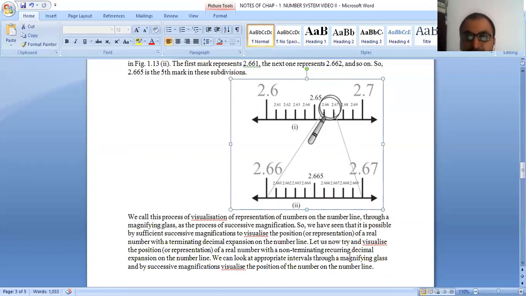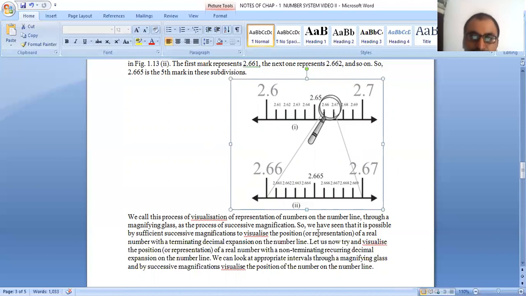Let us now try to visualize the position of a real number with a non-terminating recurring decimal expansion on the number line. We can look at appropriate intervals through a magnifying glass and, by successive magnification, visualize the position of the number on the number line.